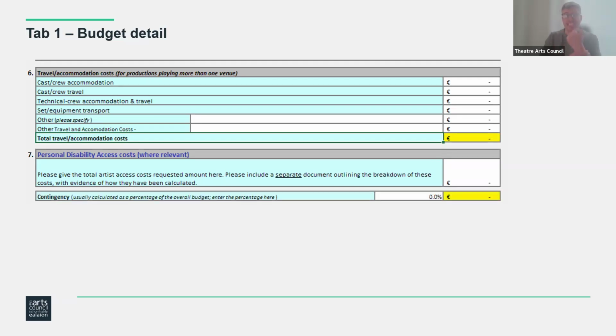Okay, and then contingency. A rule of thumb for this is about 5%, maybe a little less, maybe a little more, just depending on the project. And in the notes section, you just need to tell us how you arrived at that percentage. And we do expect to see a contingency.